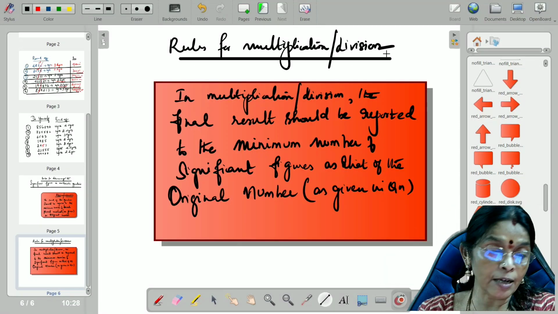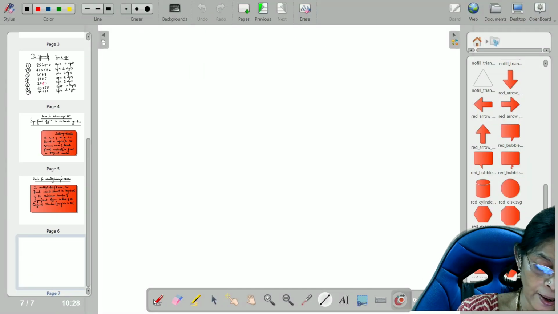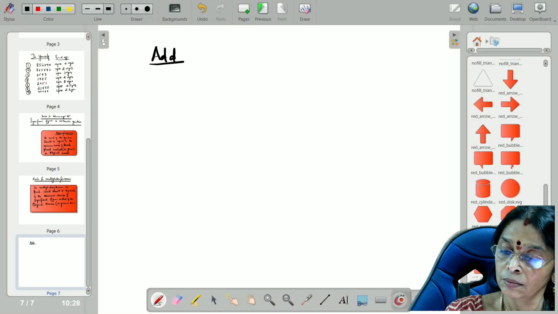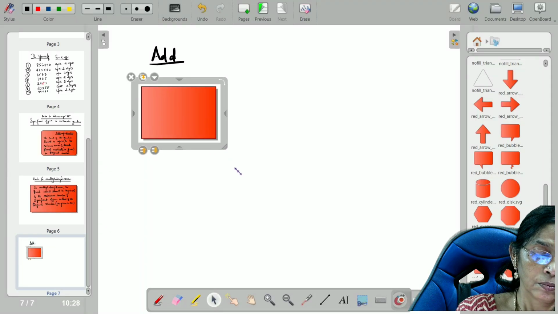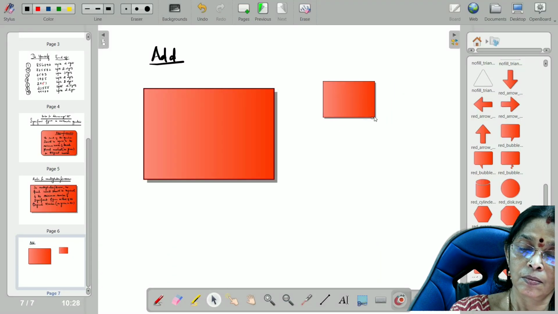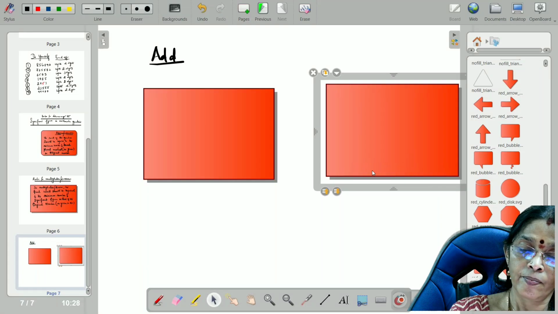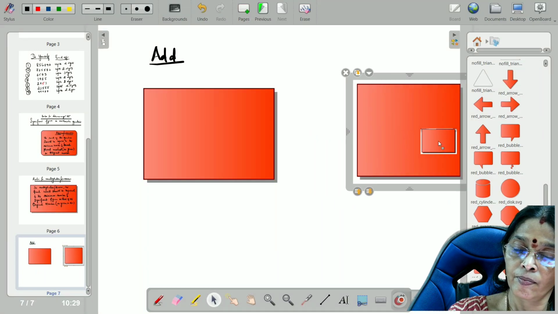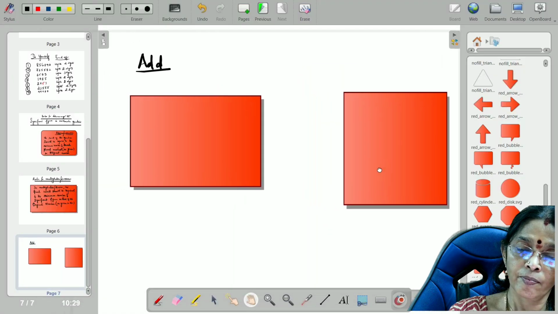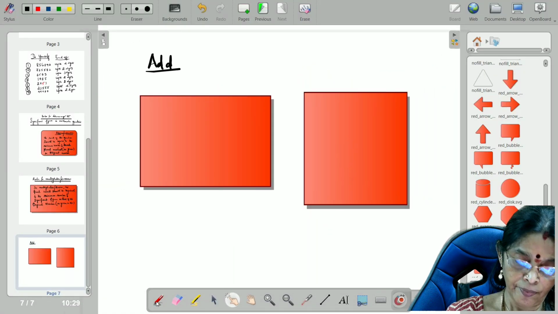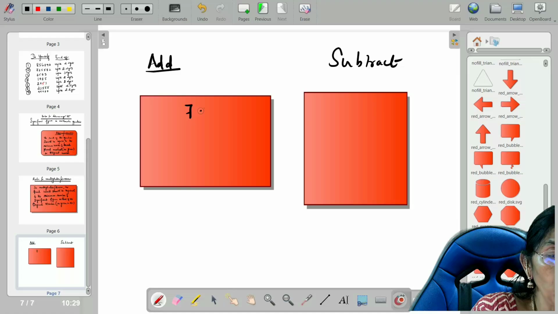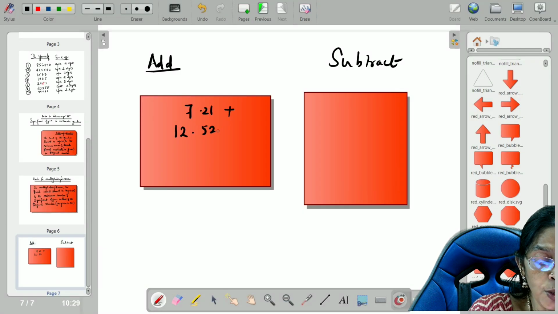By following the rules, we will see certain questions. Question number 1: add two numbers, 7.21 plus 12.526.